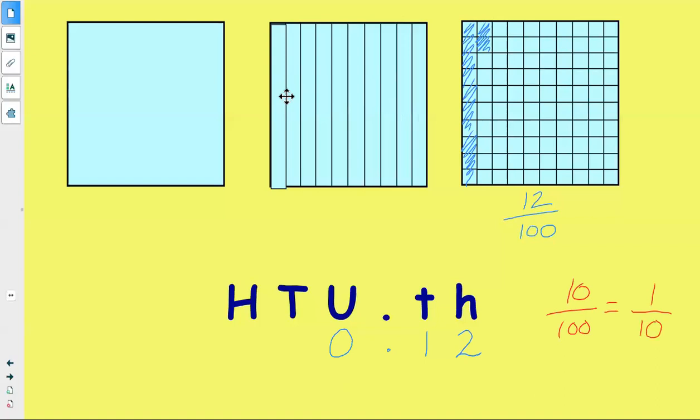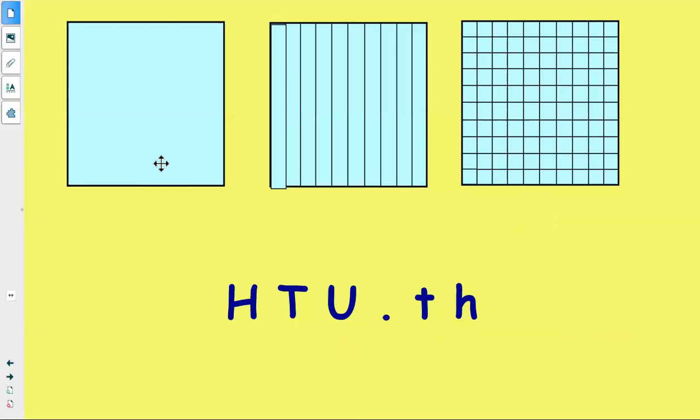So if you thought of this part here, I'm outlining in red as 1/10. Put your 1 under your tenths, and then the remaining 2 is 2 hundredths, and 2 under your hundredths. Okay, let's move on.